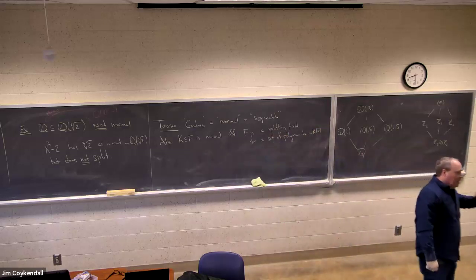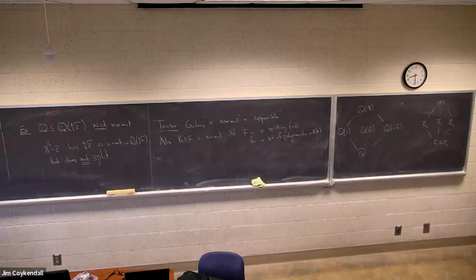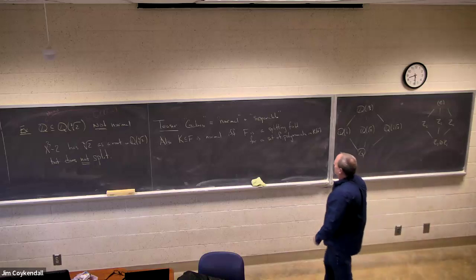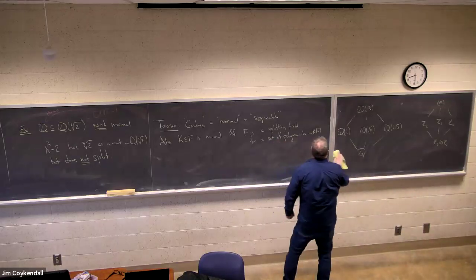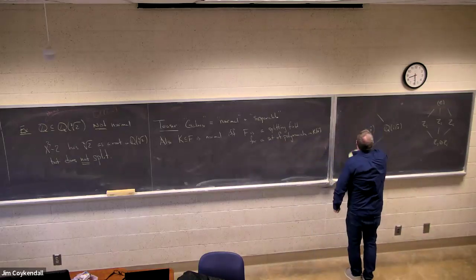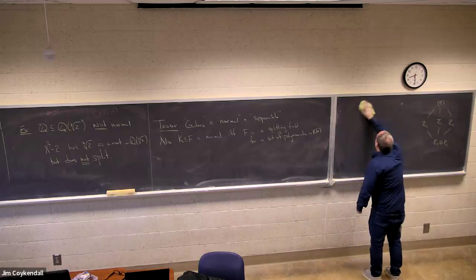So again, here's what's probably obvious from that. If you have that F is a splitting field of some set of polynomials over K, then certainly F looks like a splitting field for that particular set of polynomials. It's probably not clear at this juncture why this works for all polynomials. That is to say that every polynomial that has a root in F actually splits.